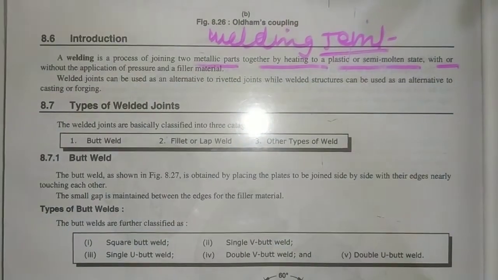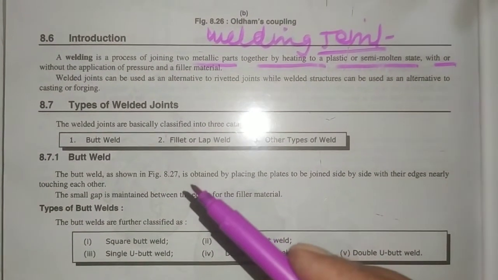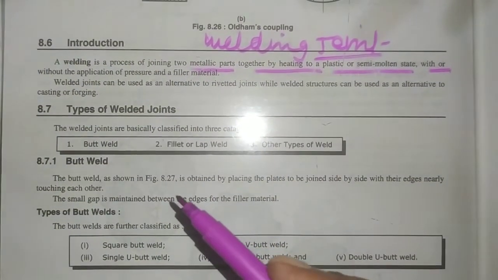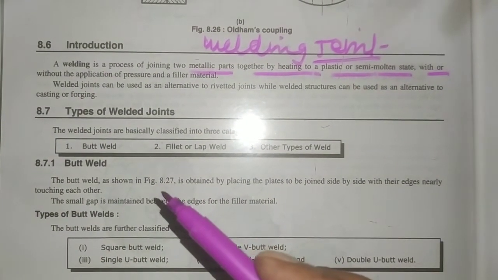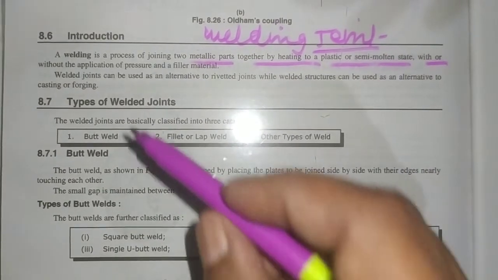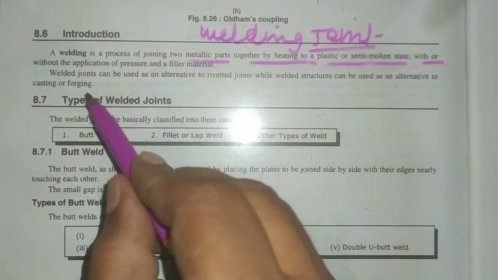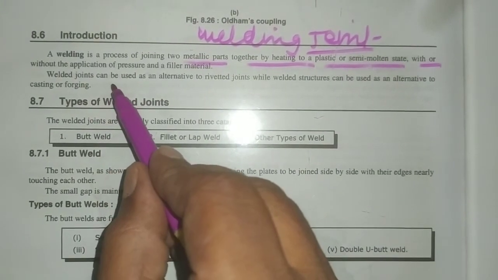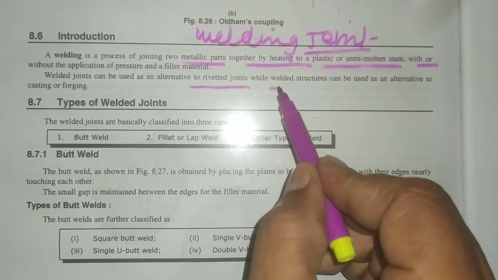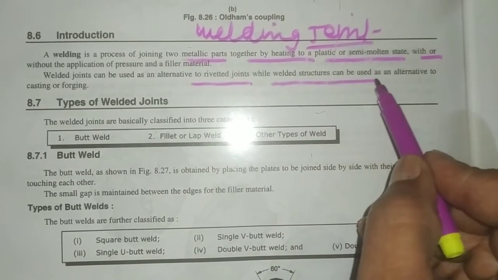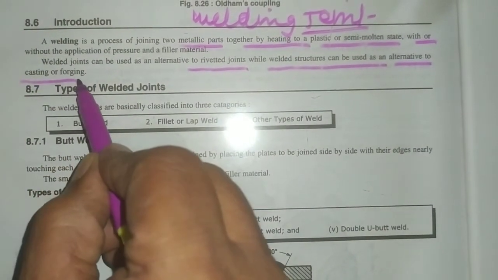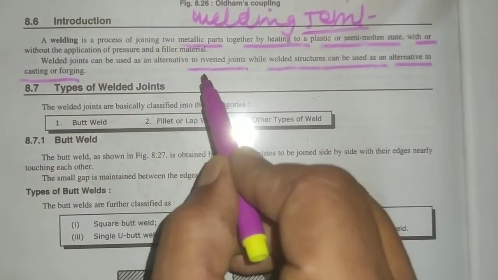That is, welding is a process of joining the two metallic part by heating it under the condition of plastic or semi-molten stage and with or without applications of the pressure, and adding the filler materials. Welded joints can be used alternative to riveted joints, while welded structures can be used as an alternative to the casting and forging. This is the permanent joints.